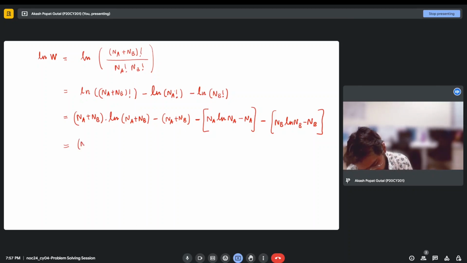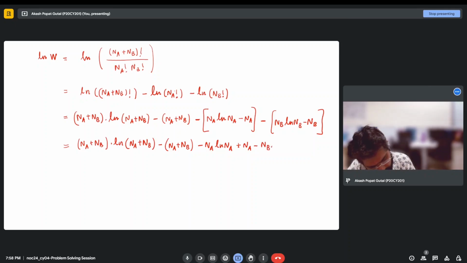So we simplify it: (Na plus Nb) ln (Na plus Nb) minus (Na plus Nb) minus Na ln Na plus Na minus Nb ln Nb plus Nb.